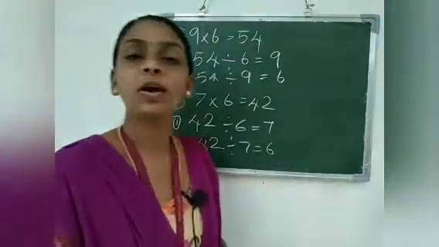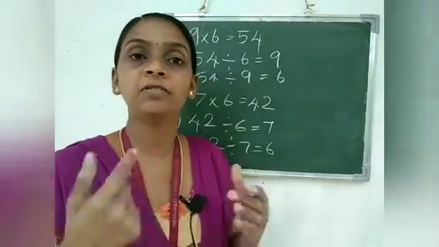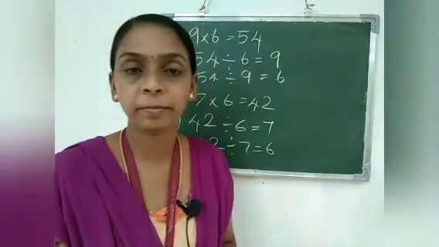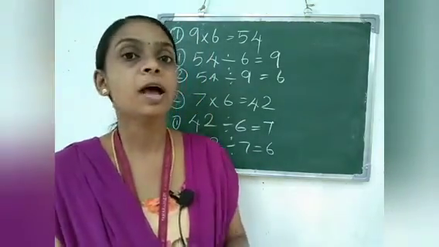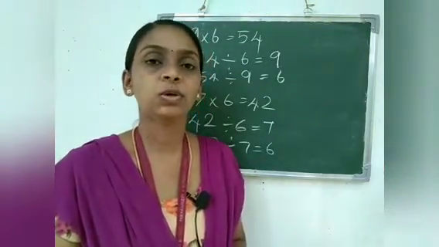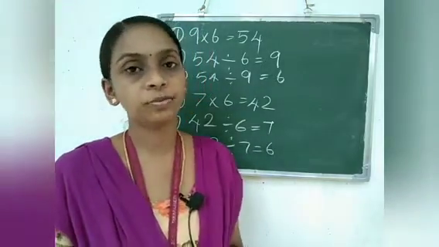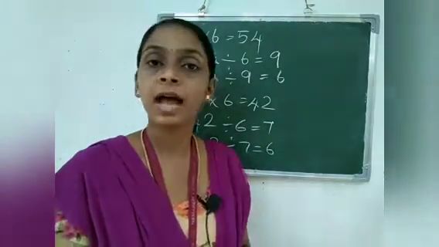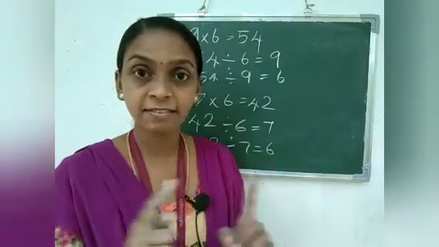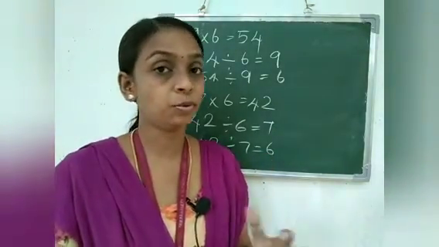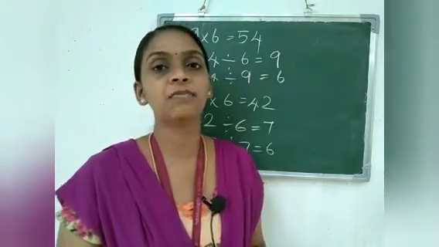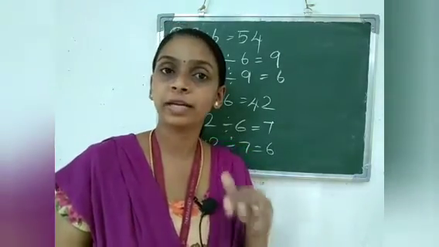So I think all have understood how to write the division facts of a given multiplication fact. There will be two division facts for a given multiplication fact. You have to do more problems of multiplication and division. Multiplication and division are related.